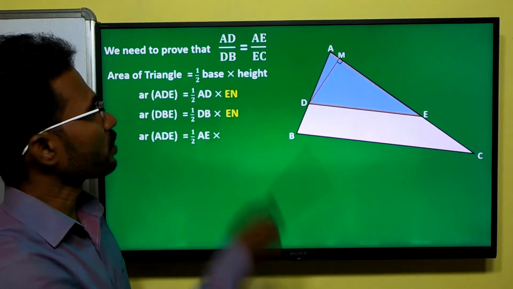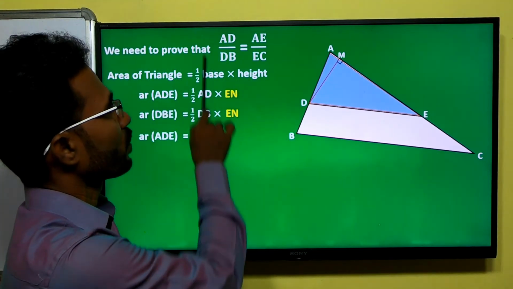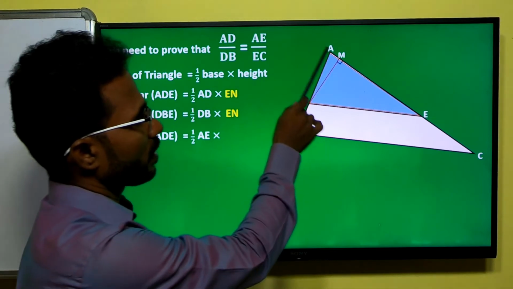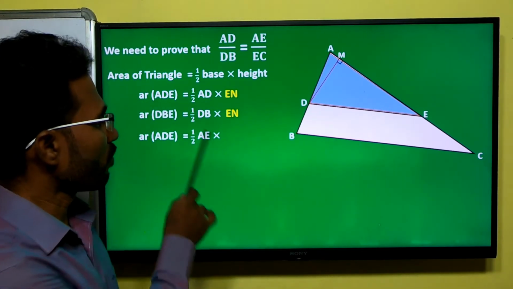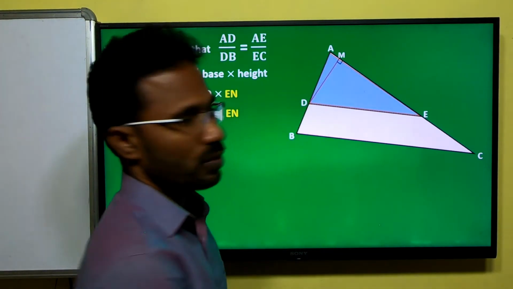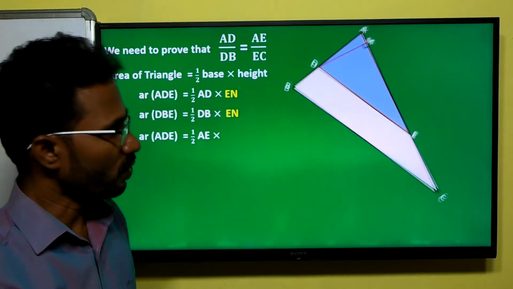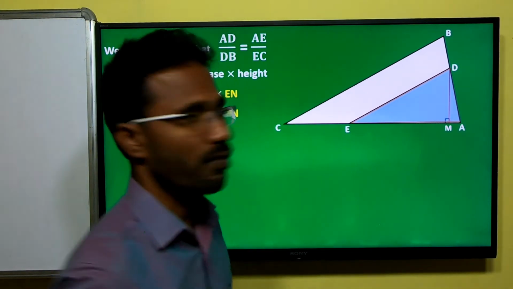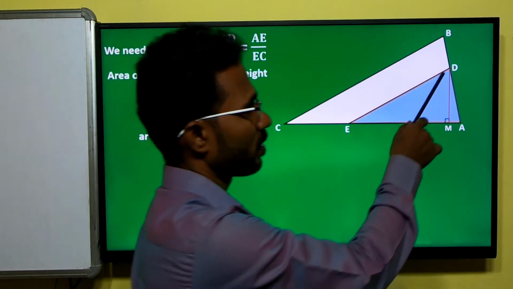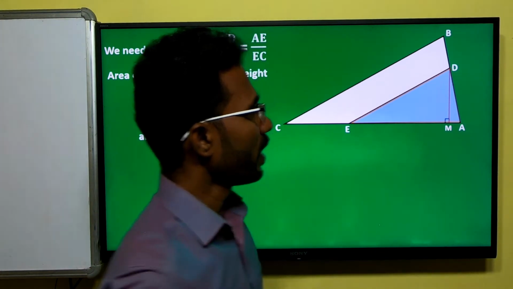We always keep in mind what we need to prove. So AE is the base. The area of the triangle is half into base AE. What is the height of the triangle? Draw a perpendicular line from the vertex, that is DM.